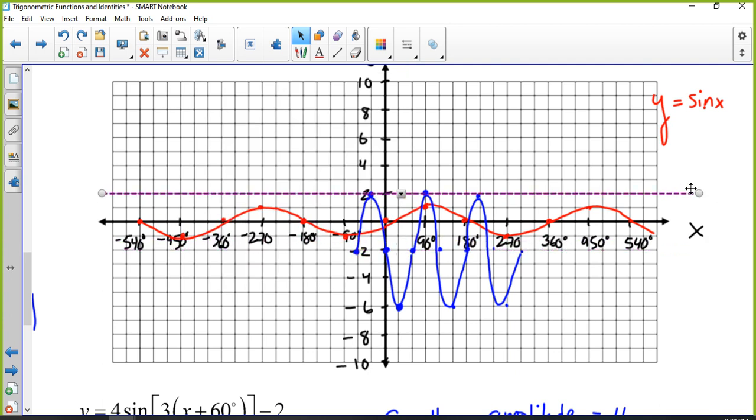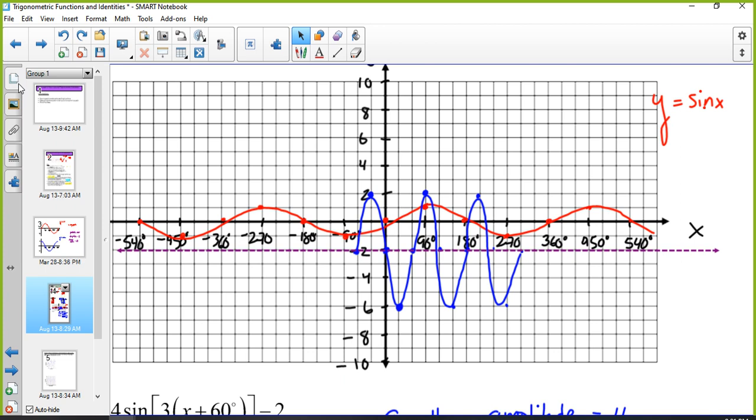The maximum is positive 2, the minimum is negative 6. The axis happens right in between there, the halfway point of 2 and negative 6, which happens to be negative 2. All right, so that's how we graph these.